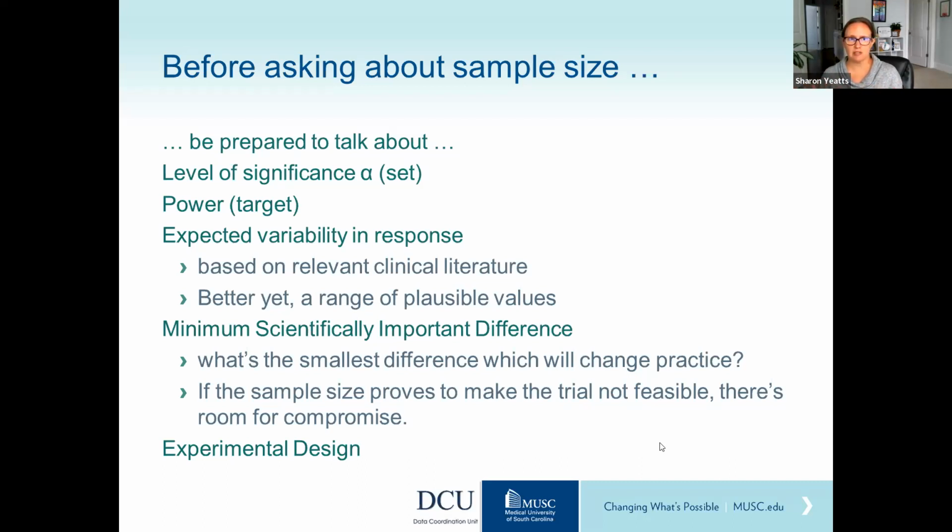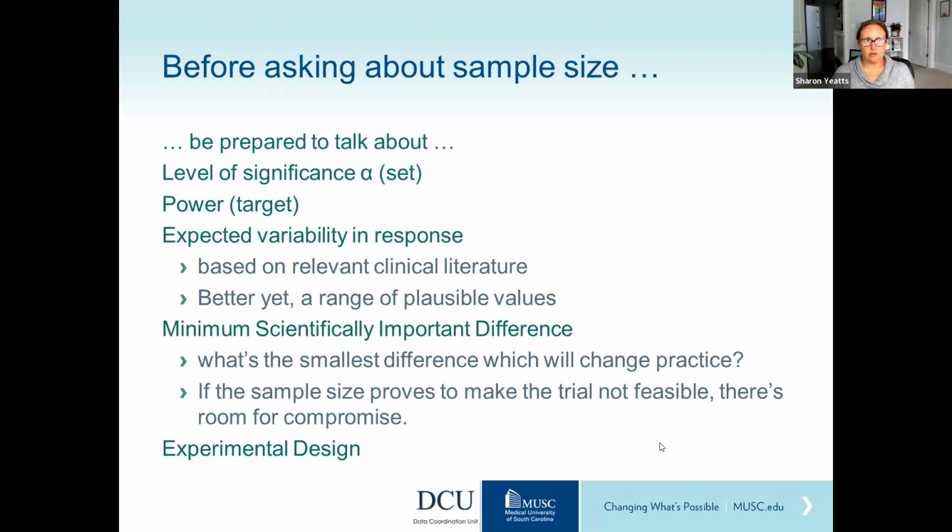So you can stress test whatever design you come up with and make sure that its characteristics are not adversely impacted by changes to your assumptions and the variability. You want to be prepared to talk about the minimum scientifically important difference. And again, that means what's the smallest difference which is going to change clinical practice.